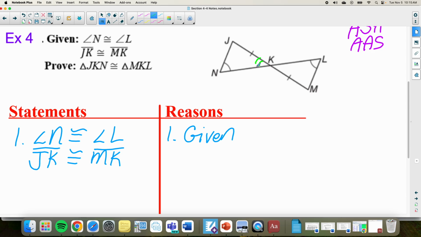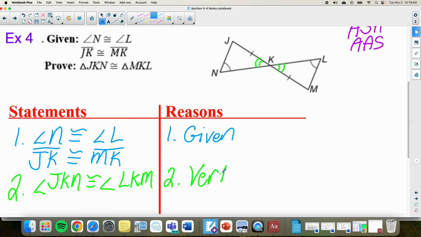So I can mark this and this. I have to use 3 letters there. So I can say angle JKN or NKJ is congruent to angle LKM. And like you guys said, that's vertical angles theorem.